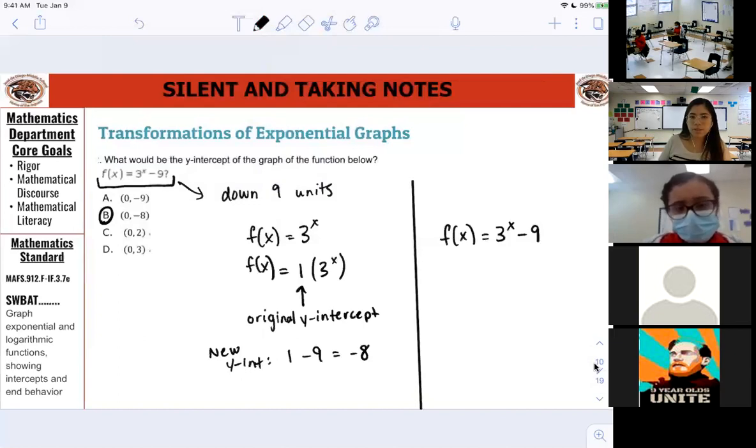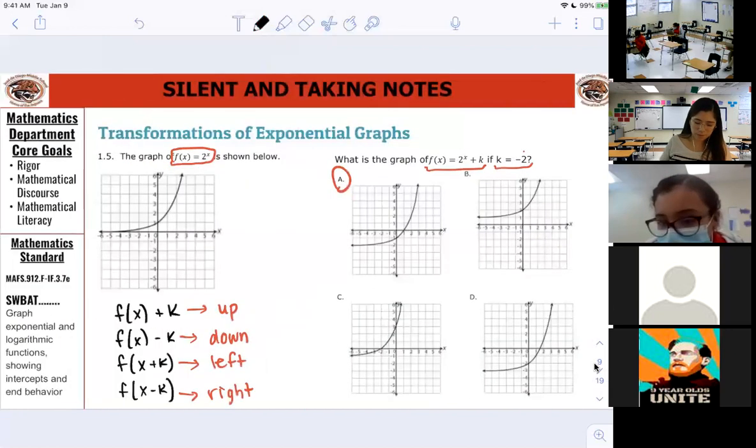What's the input? What do I plug in for x? What number? The slope? No, not the slope. I forgot what it was called.